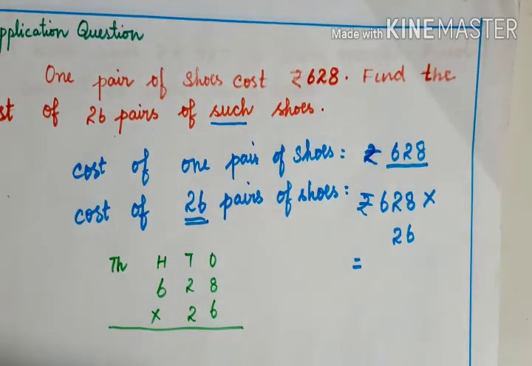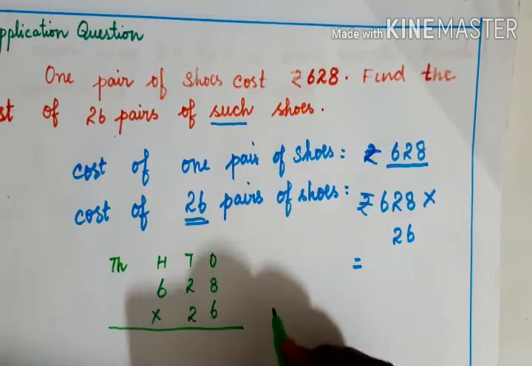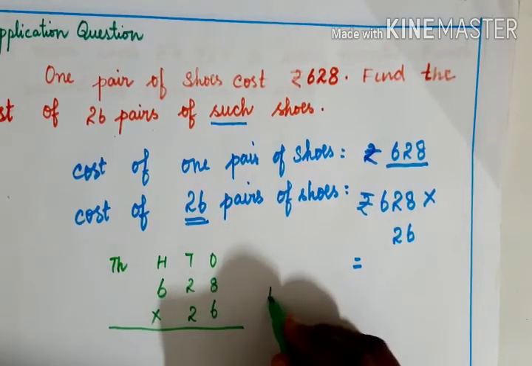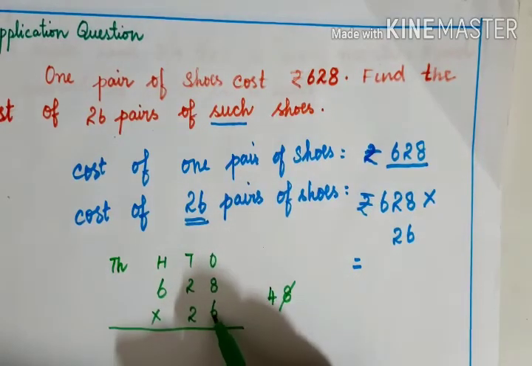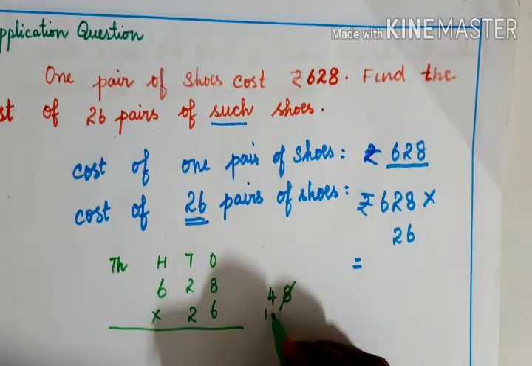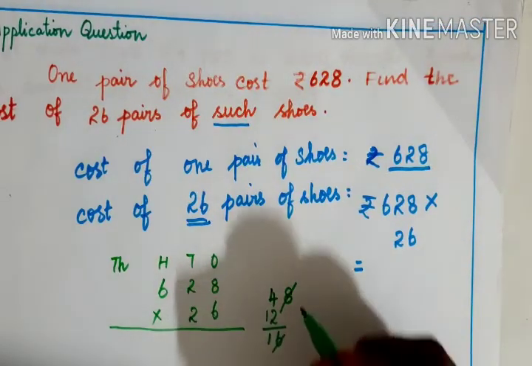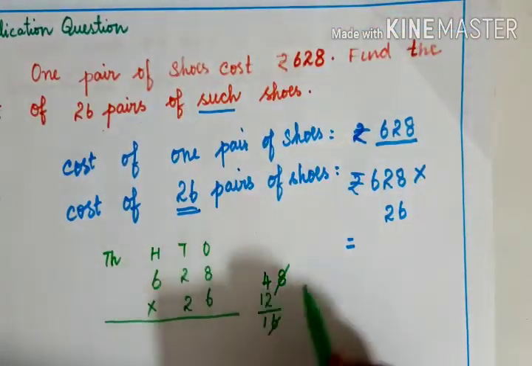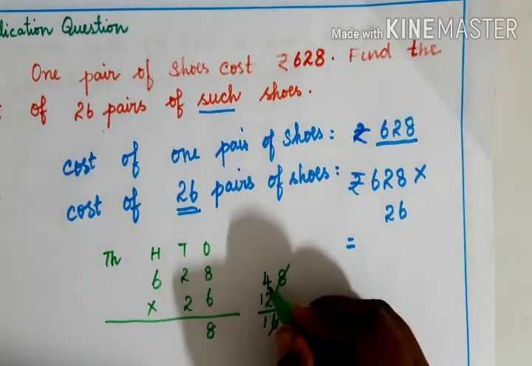Okay. So easily you can multiply, isn't it? 8 sixes are 48. Anyway, you can multiply. Okay. First you write the 8 here and the balance 4.